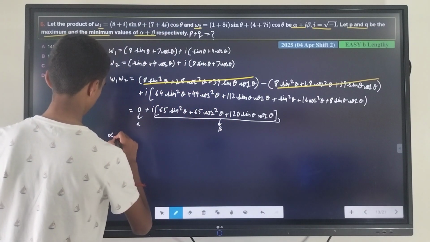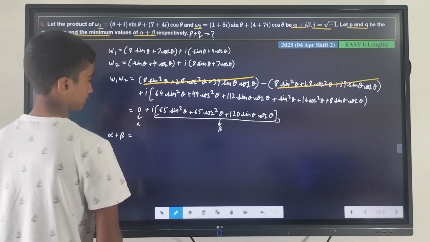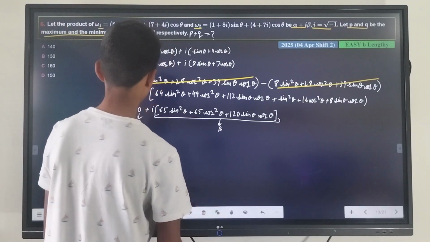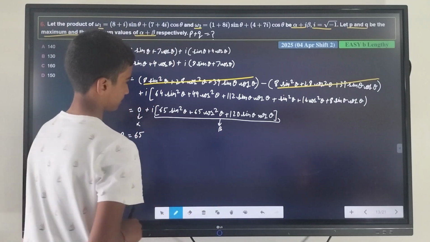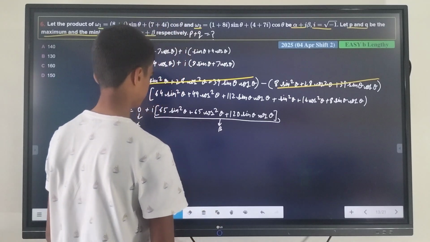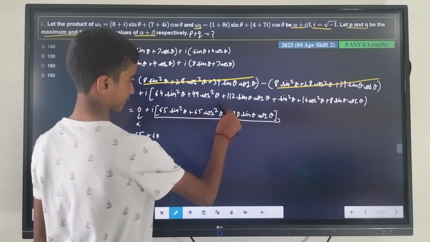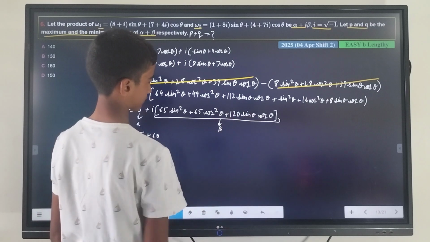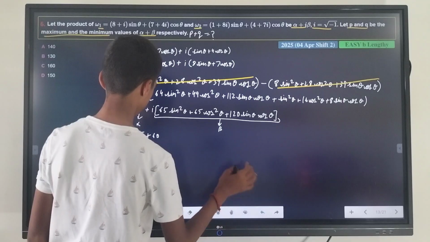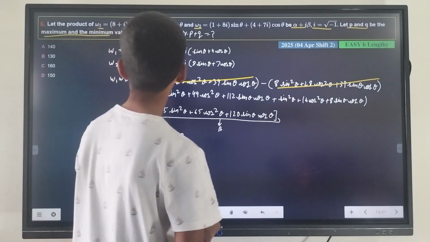So our alpha plus beta is equal to, now 65 sine square theta plus 65 cos square theta will be 65, because sine square theta plus cos square theta is 1, plus 60 times, we will take 2 from 120, 2 sine theta cos theta is sine 2 theta.